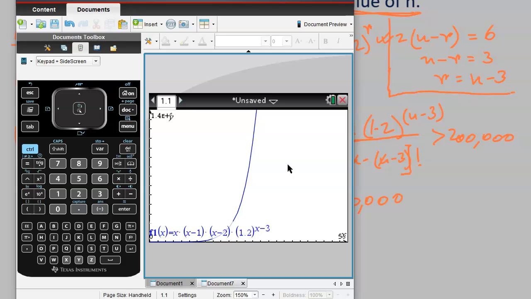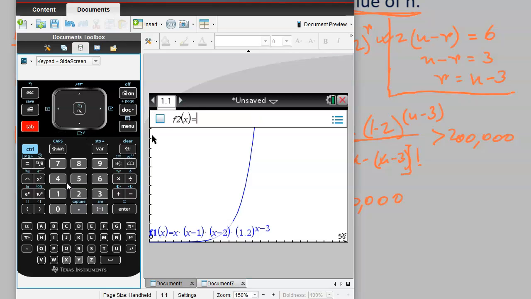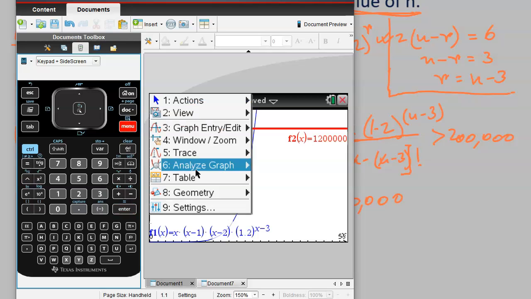Okay. So this is the graph that we have got. Now we have to get the second graph. It is 1, 2 followed by 5 zeros. So now we have to get the intersection point.